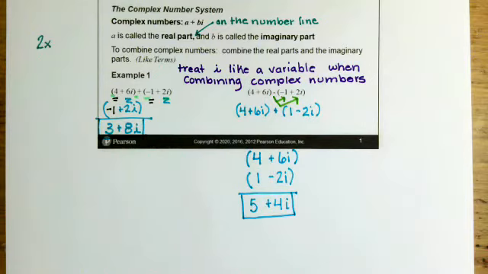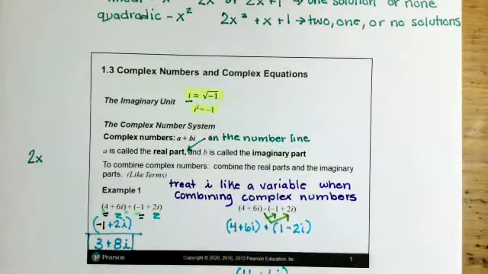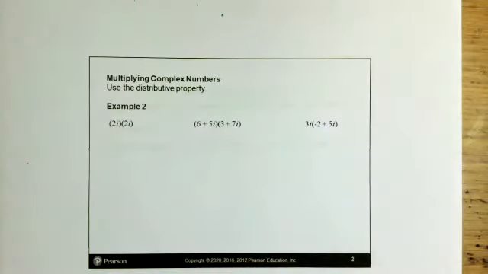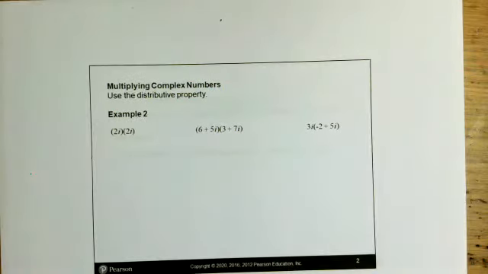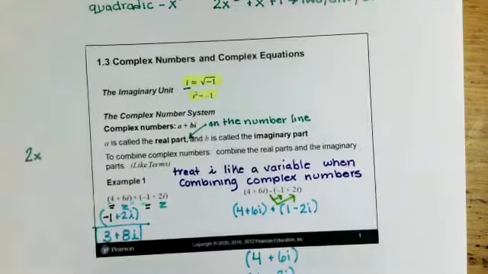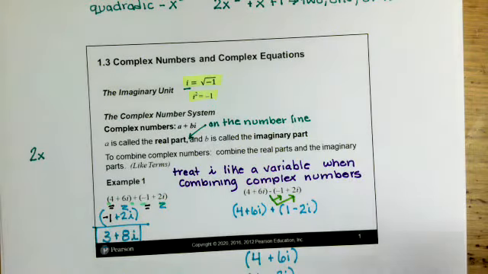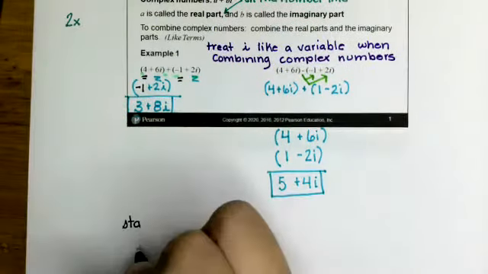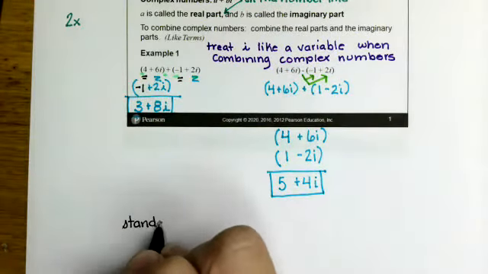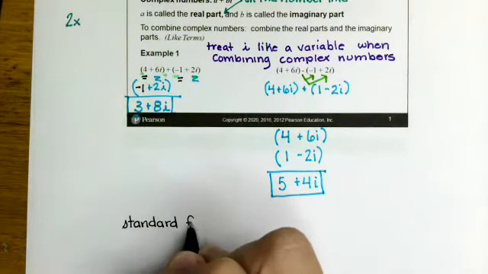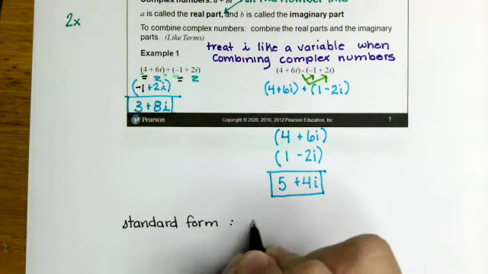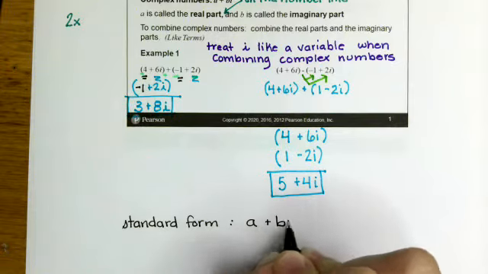Okay? You have now combined complex numbers. Let's multiply complex numbers. It's also important to leave it in standard form, A plus BI, okay?